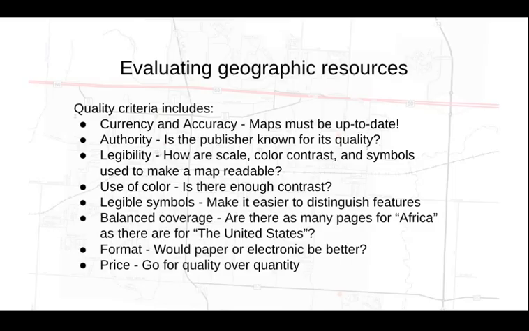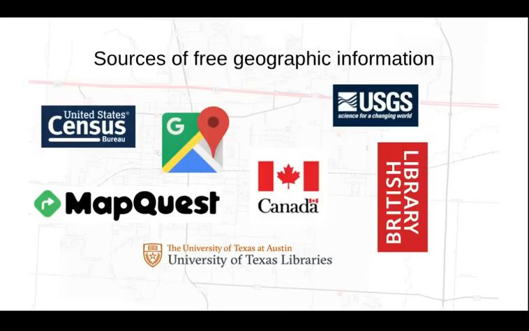Is the atlas balanced in its coverage among various countries? The format: would paper or electronic be better? And is the resource appropriately priced? When building a collection, librarians will want to go for quality over quantity.